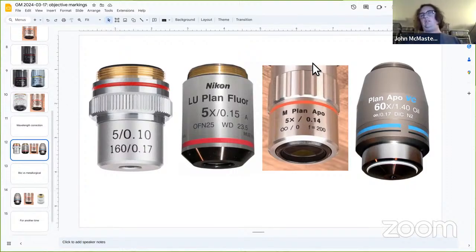I believe that's literally from the RMS specification once again, which was 36 threads per inch. They said, well, we want that, but bigger, because the field of view, the field number, was too restricted. This one's, I think, M25. If you push really hard, you can kind of get these two to fit into your microscopes, but it's not very good for it. You don't really want to do that. So watch out there.